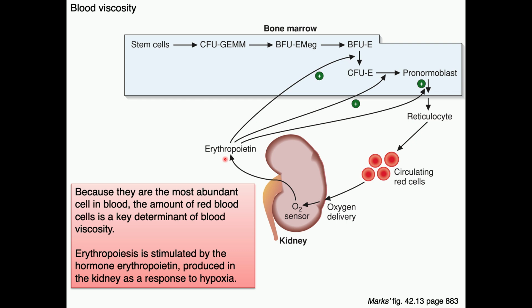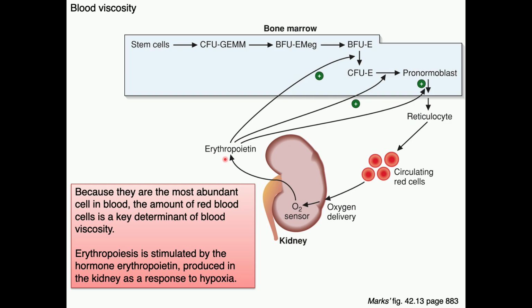So the production of red blood cells occurs in the bone marrow through erythroid precursors, and the rate at which those erythroid precursors are proliferating and differentiating into mature red blood cells is sensitive to how much oxygen is within the body.